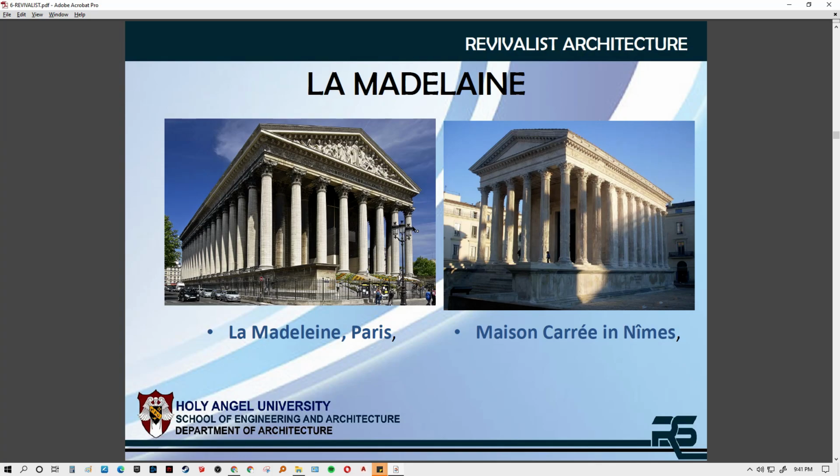So here's the Maison Carrée, and the difference is only with the materials used, and some sculptures and some designs.